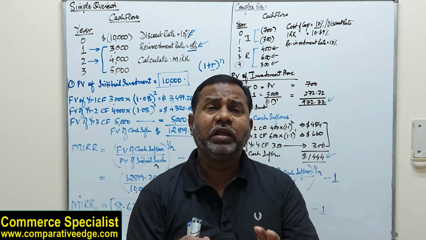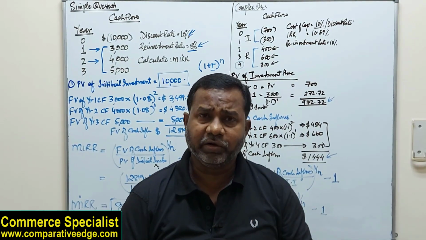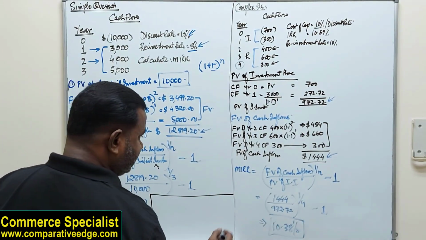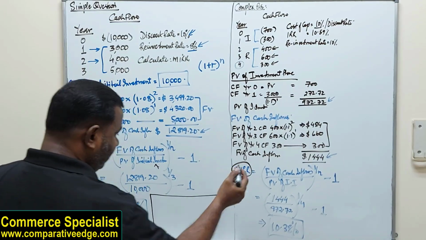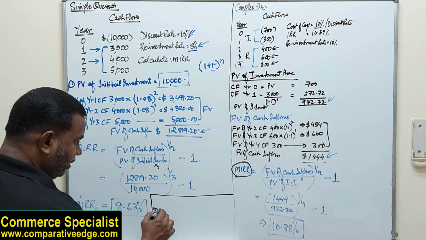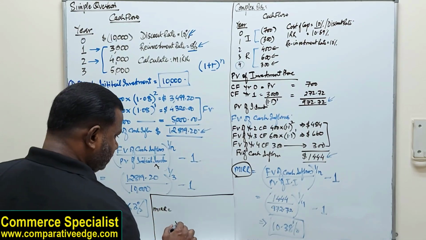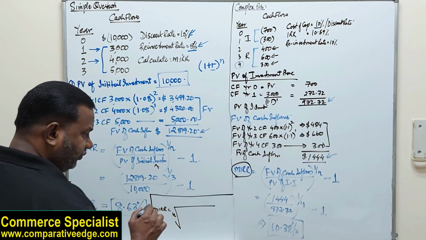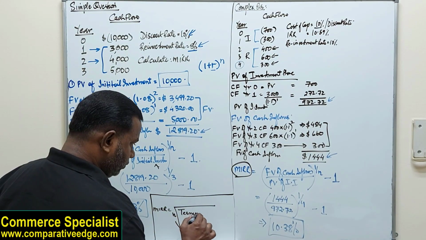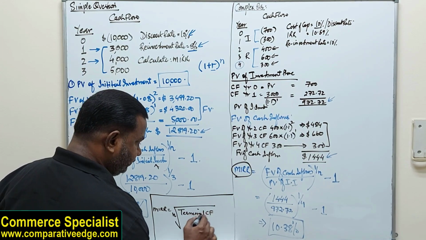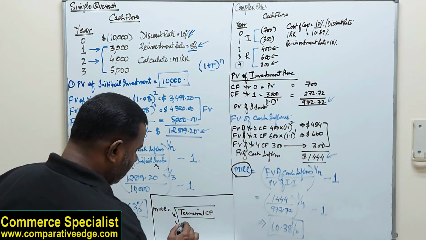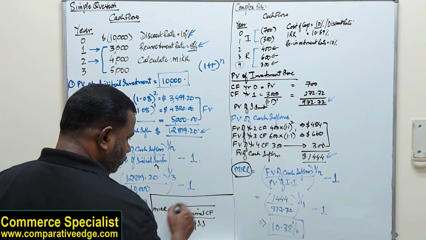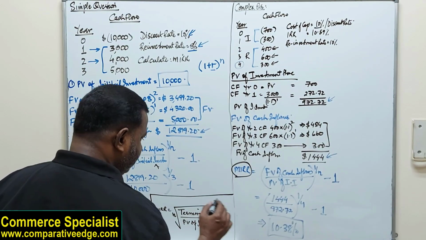Especially for ACCA students, I am giving you an alternate formula which will still give you the same answer. Because of lack of space, I am writing the alternate formula to calculate MIRR, modified internal rate of return. MIRR is equal to nth root of terminal cash flow divided by present value of initial investment, and when you solve all this you minus 1.